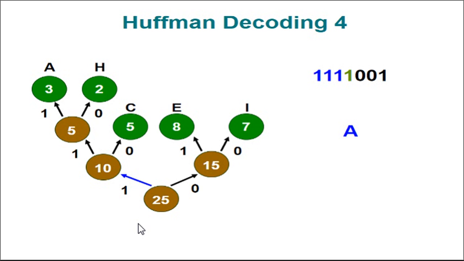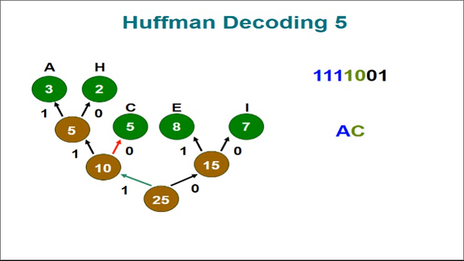We are following this line and reaching a new node that does not correspond to a symbol, so we continue further. The next bit is 0. So we follow this path shown by the red arrow, and then we reach symbol C. So the next message is symbol C.